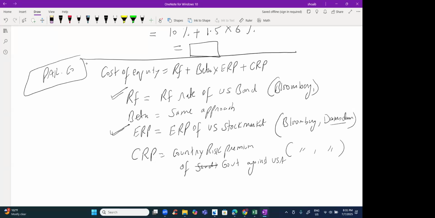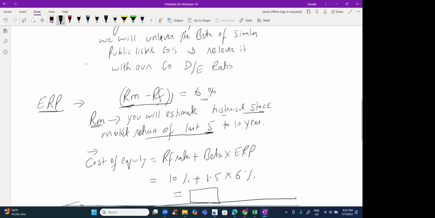Okay. So these are two approaches. If you are living in Pakistan and you want to analyze a company of Pakistan, the first approach is good. Take the risk-free rate of Pakistan, take the beta of that company, take the equity risk premium of Pakistan.